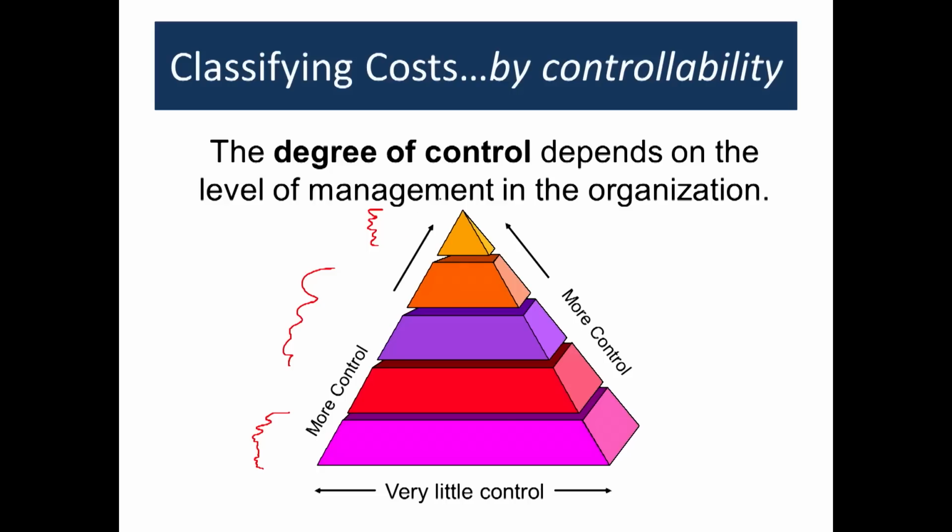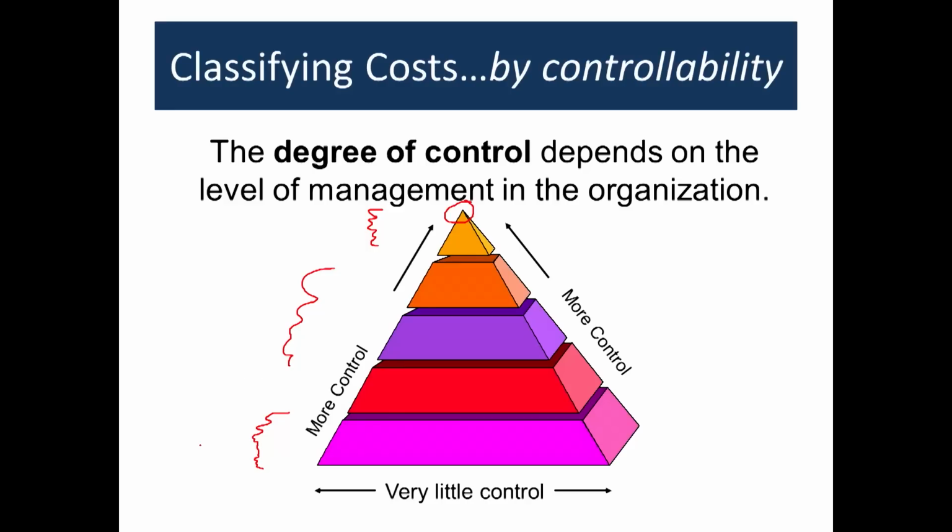Now, looking at this illustration, that would be up here. You have a lot of control over that. Now, what would be a cost in your life that you have very, very little control over? Rent on my lease. Very good example. Your monthly rent, right?